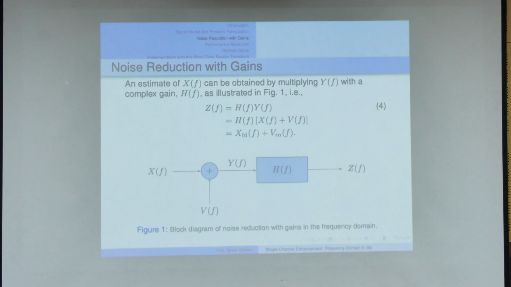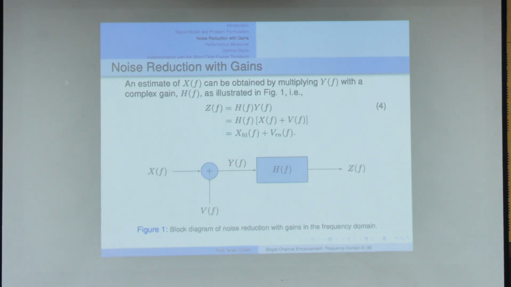So for each frequency, suppose that we know the signal to noise ratio. Then if the signal to noise ratio for a frequency is high, we will multiply it with a gain that is closer to 1. If the input SNR in that frequency is low, we will multiply it with an H that is close to 0. Okay, so suppose that you have a desired signal, you transform it to the Fourier transform, and you have some frequencies where the desired signal is strong.